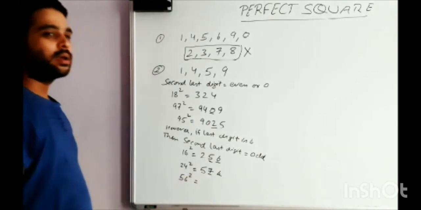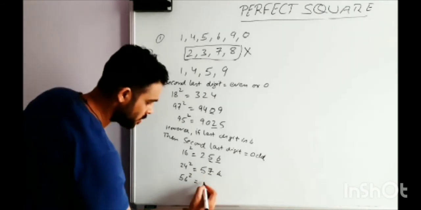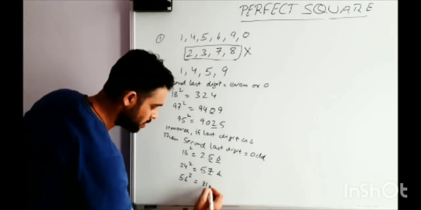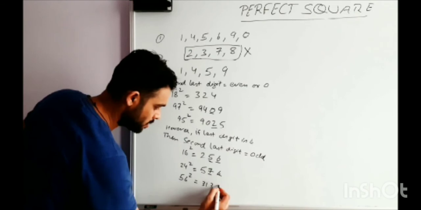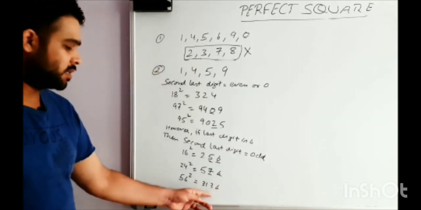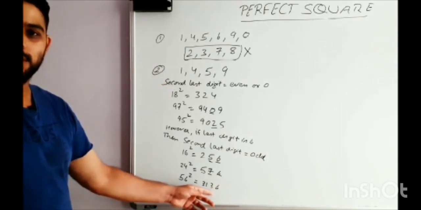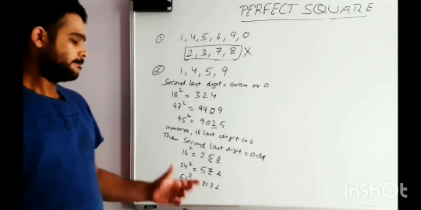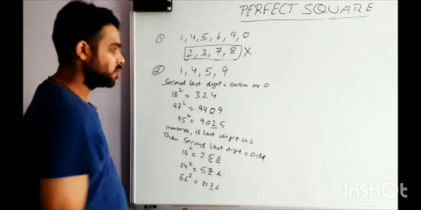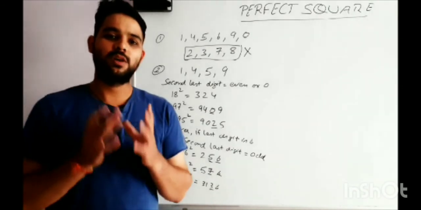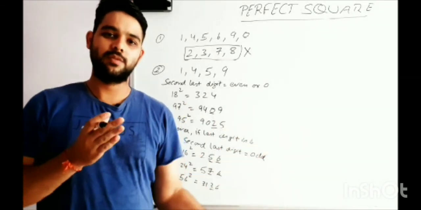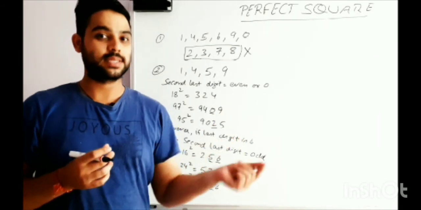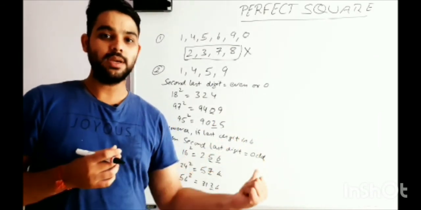Then the second last digit is your odd number. So this is a very easy thing to remember. Whenever you have the last digit as 1, 4, 5, 9, the second last digit will be an even number. But if the last digit is 6, then the second last digit will be an odd number.